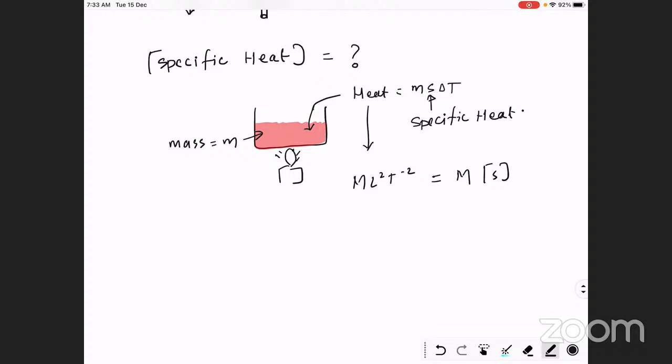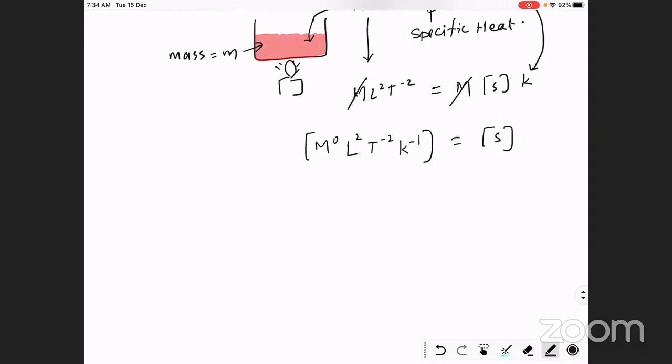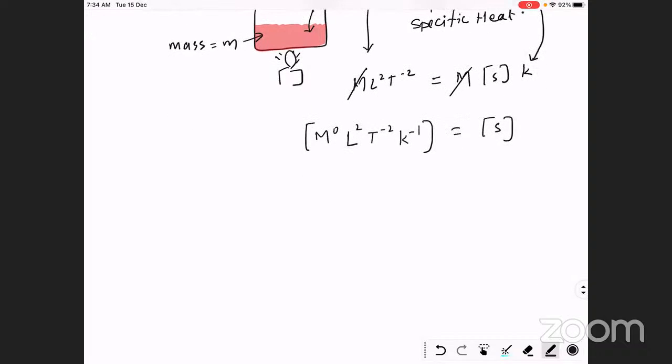K represents temperature. So M got cancelled. The dimensional formula of specific heat became this, with M0, because M cancelled. Understood?